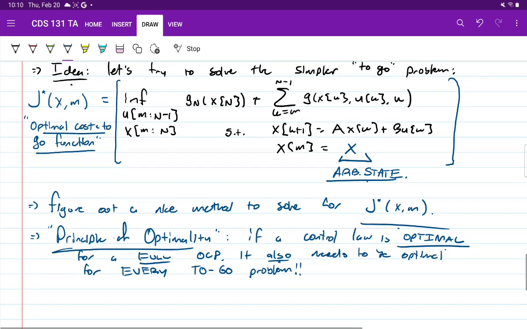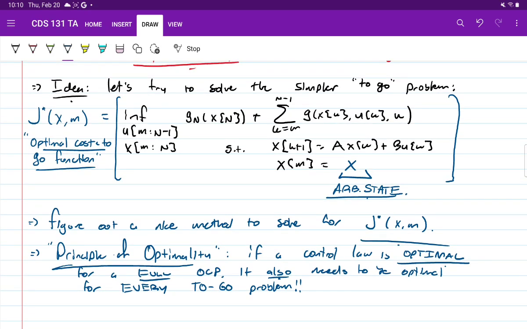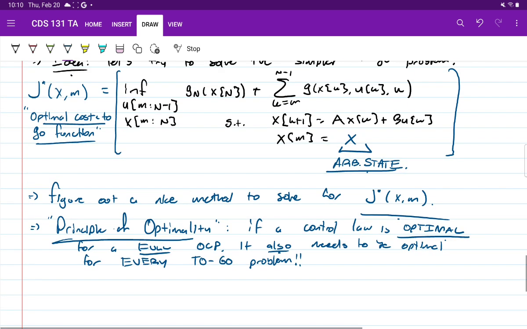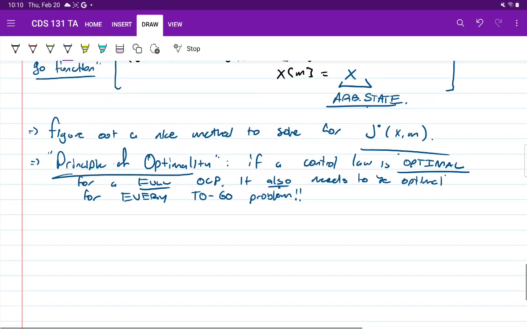So what this principle of optimality states is that if we have an optimal control law for our full problem, then it needs to be optimal for every single sub-problem as well. All right? So this really important principle enforces a relationship between these different J star of x comma m's.